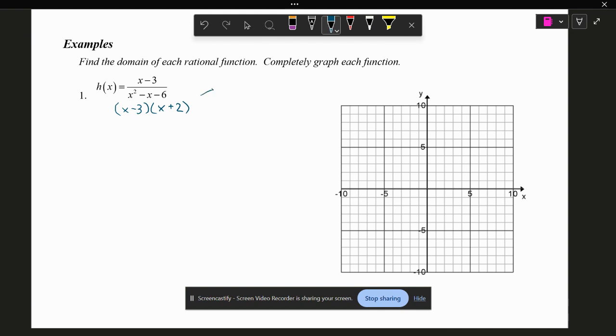That means for my domain's sake, x cannot be equal to 3 or negative 2. This makes my domain negative infinity to negative 2, negative 2 to 3, and then 3 to infinity.